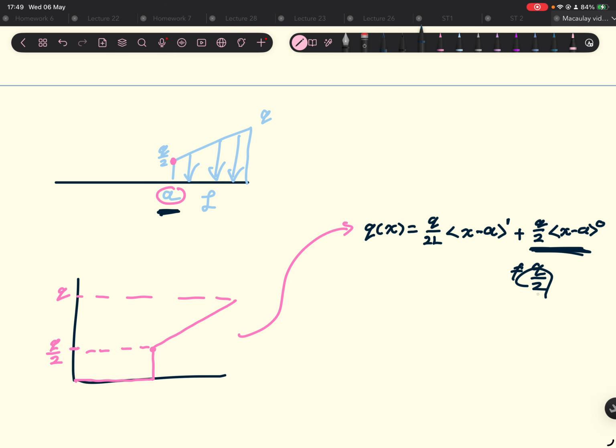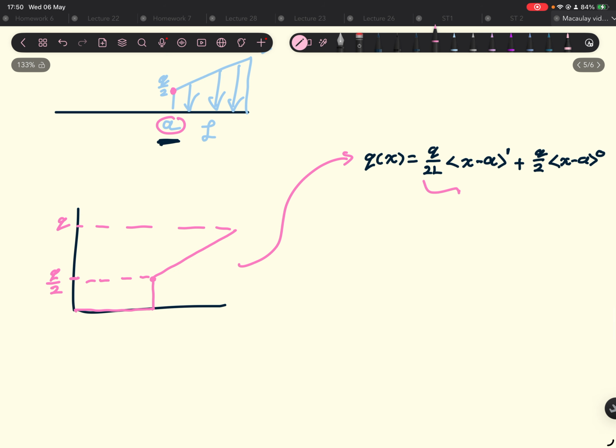And then another way, if you're still confused, hopefully this kind of clears it up for you. So let's just rewrite this portion to minimize the A part. I'm just going to rewrite this as Q over 2L times x minus 0 this time.